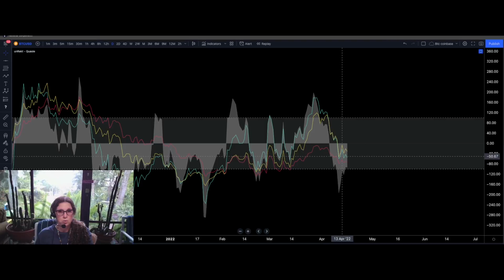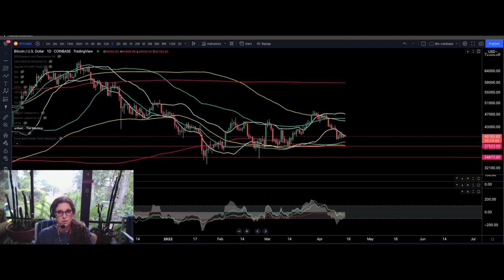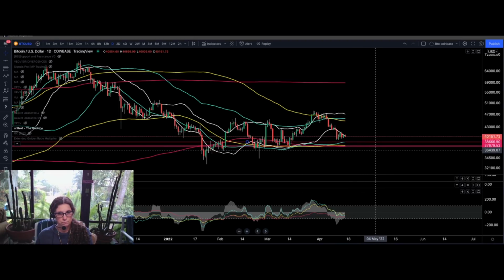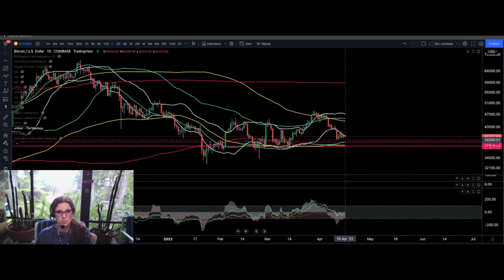But yellow, blue, red, and white are inside the cage, which means price cannot break red, cannot break yellow, cannot break blue. And right now, because white is still inside, that is why we are holding this bottom of this white MA with price.